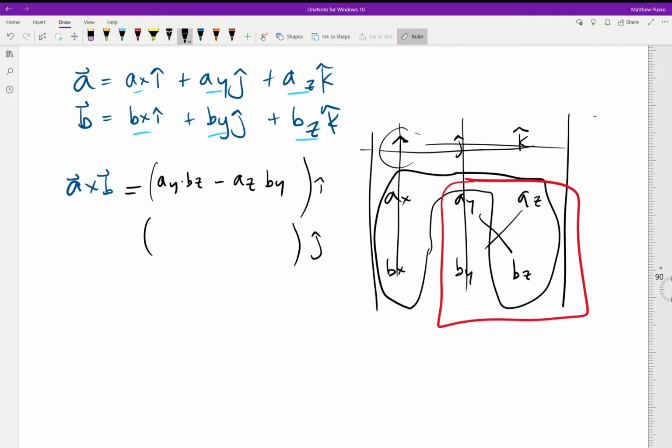But a lot of people actually just memorize this formula too. If I continued doing the determinant, I would get AZ times BX minus BZ times AX, and that would be in the J direction. Put a plus sign. And for the K direction, we would get an AX, a BY, and then subtract a BX and an AY.